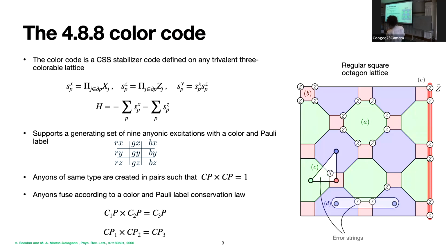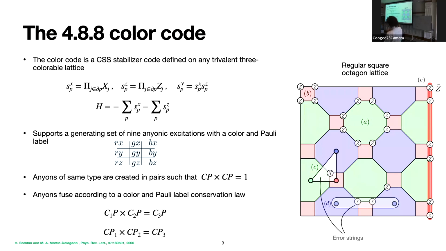Also, I should mention we can associate these defects with anionic quasi-particles. There are 9 of those that appear here. They each have a color and a Pauli label, and they follow these conservation laws. First of all, they're created in pairs.